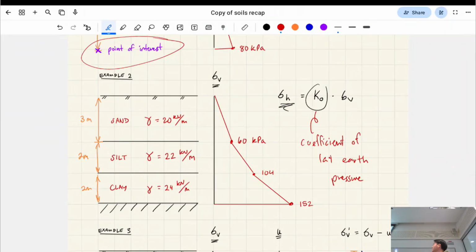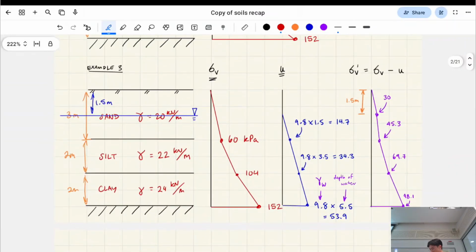But essentially, it's just a number, let's say around the ballpark of 0.6. It depends on the soil. It's soil specific, and it relates how much horizontal pressure is happening versus how much vertical stress it was experiencing. Do we have any questions so far, by the way?